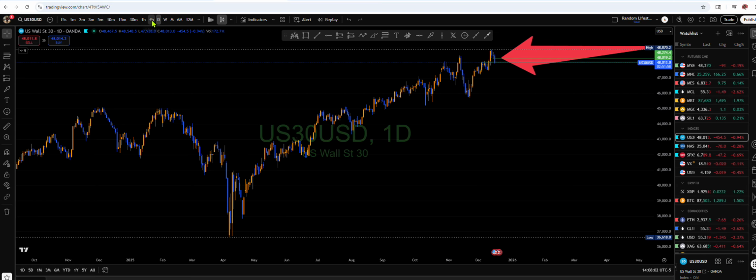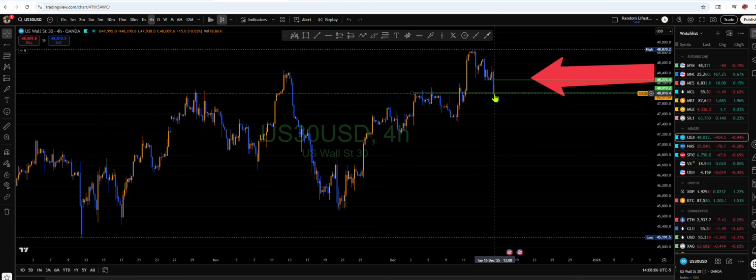Especially the daily is telling you the market is going down. The 4 hour is telling you the market is going down also because it created levels right here. Remember the step that I was talking about? This is the step that I'm talking about that's going down.